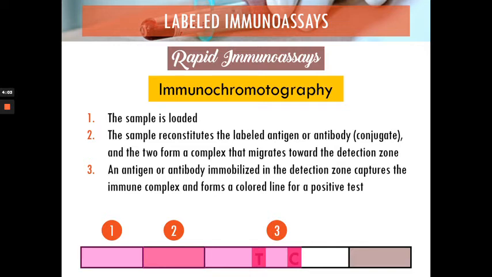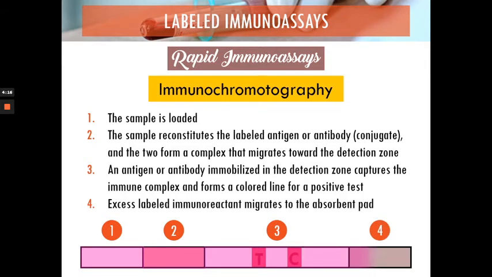It's adsorbed and immobilized there. Sana all willing to wait. Joke, Jollibee. Anyway, they form an immune complex and then form a colored line for a positive test. Finally, excess labeled immunoreactant and the sample migrate to the absorbent pad, which is number 4. So that's basically a rough overview of how immunochromatography works.